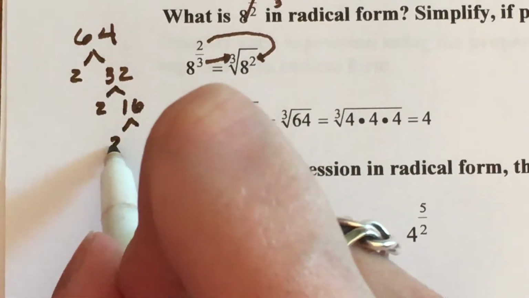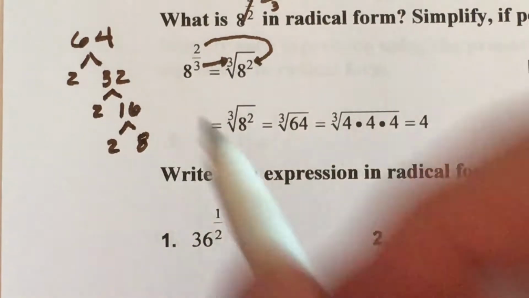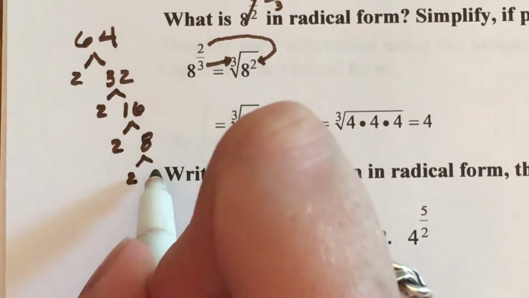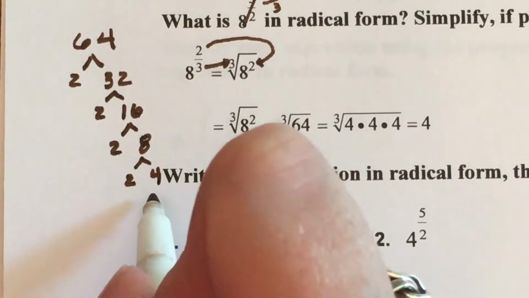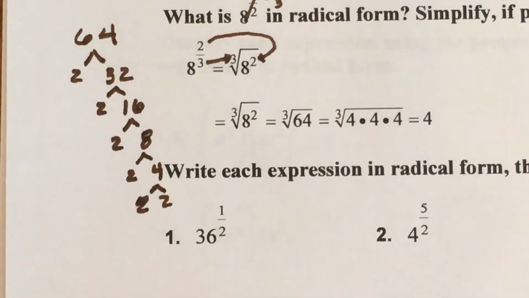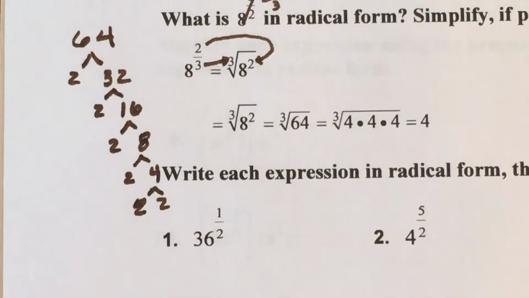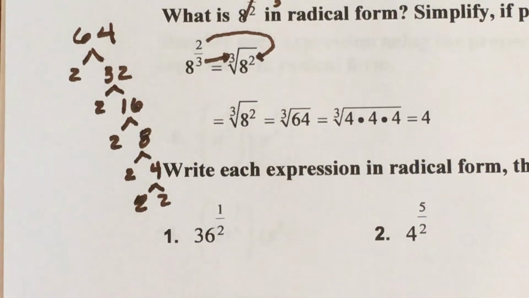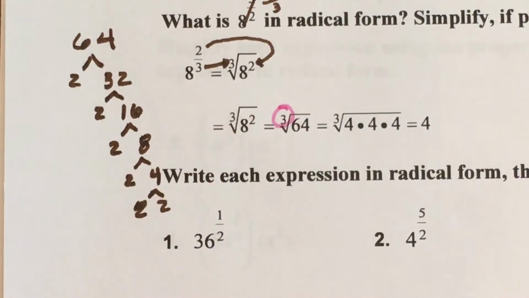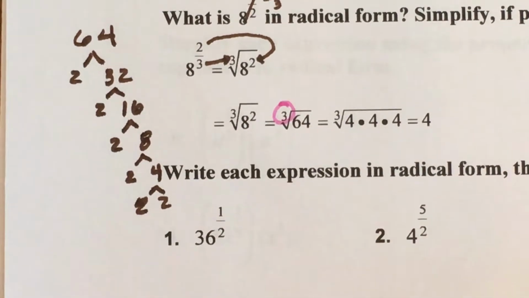16 comes from 2 divided by 8. 8 is not prime. 8 comes from 2 and 4. And 4 comes from 2 and 2. So what we see with a cube root is I am looking for bundles of 3 of the same thing.